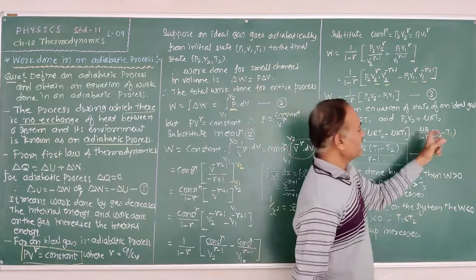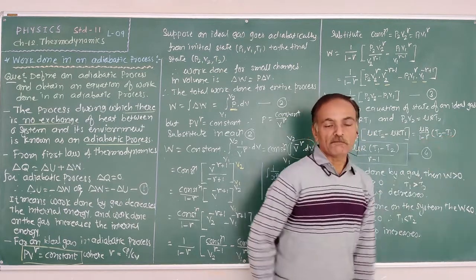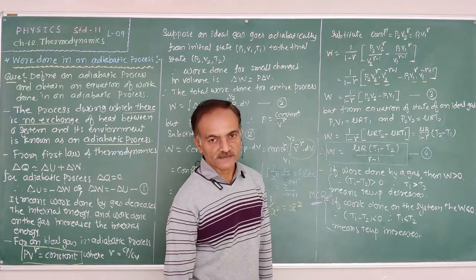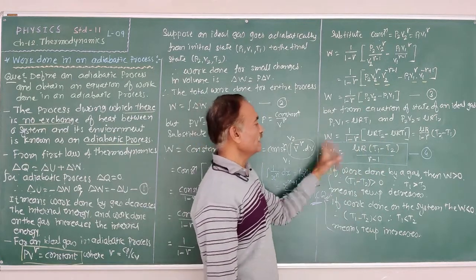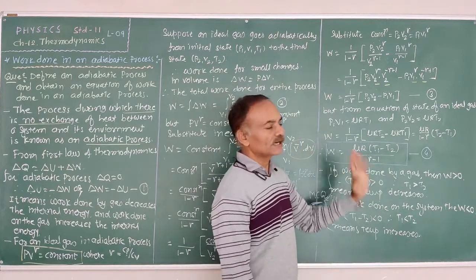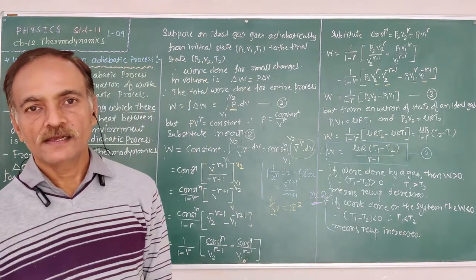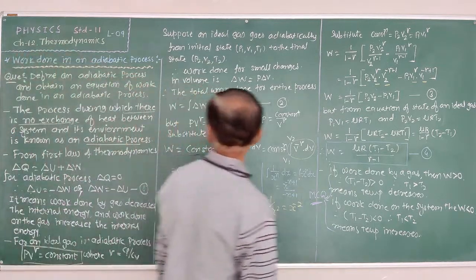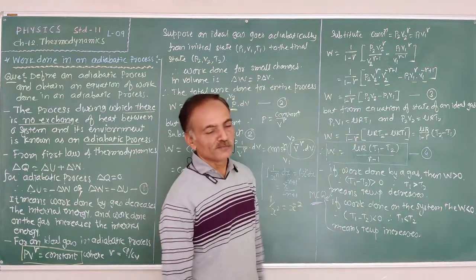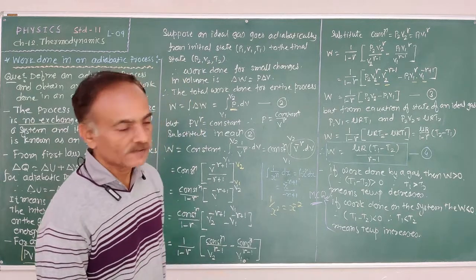We write it as T1 minus T2, so the negative sign is taken common, and this negative sign multiplies with the denominator term, therefore it becomes gamma minus 1. Therefore, the work done W is equal to mu R (T1 minus T2) upon gamma minus 1, which is the equation of the work done for an adiabatic process.